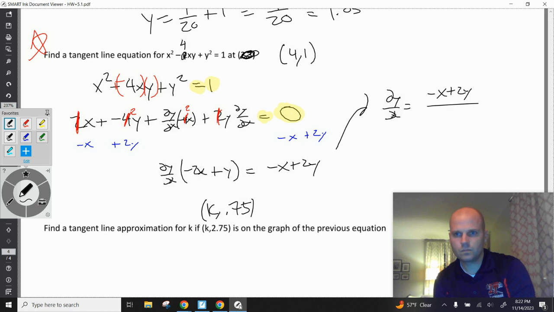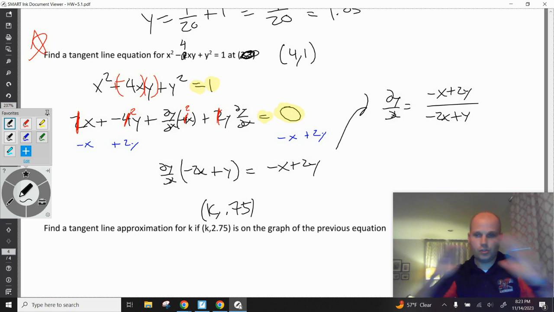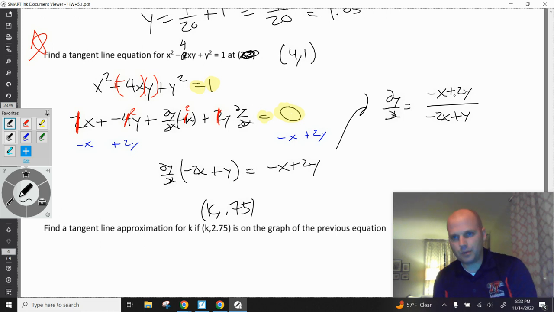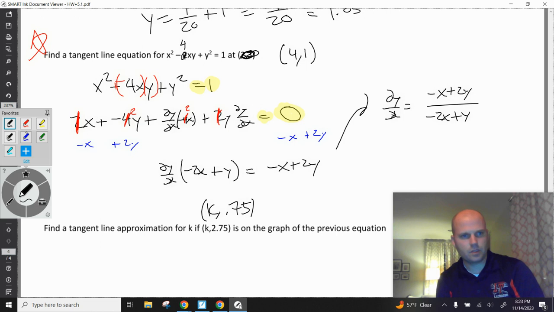You see this? You want to simplify it. Don't. The plus prevents you from doing it, so don't do it. You can just plug in 4, 1. We could have plugged in 4, 1 earlier. I don't know how beneficial it would have been.